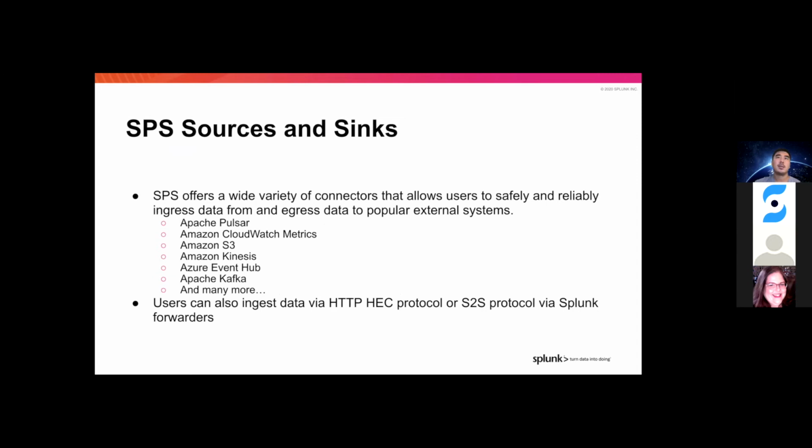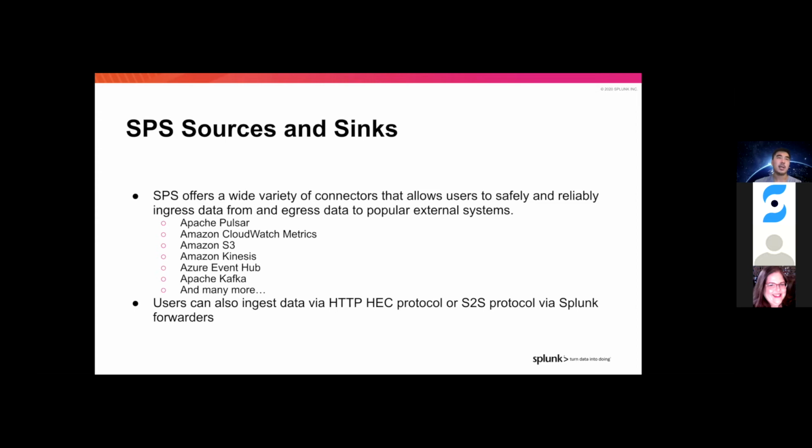Like I talked about before, a big part of the success for SBS is how SBS is able to integrate with external systems, right? At the end of the day, users need to bring data from somewhere else into Splunk to get it processed and eventually maybe send it out somewhere else as well.